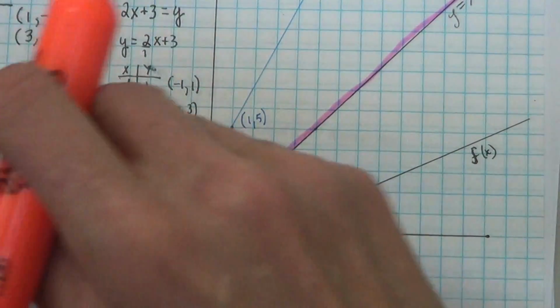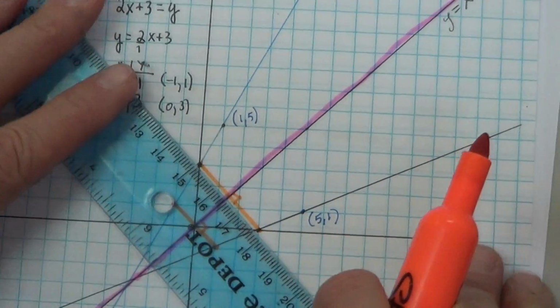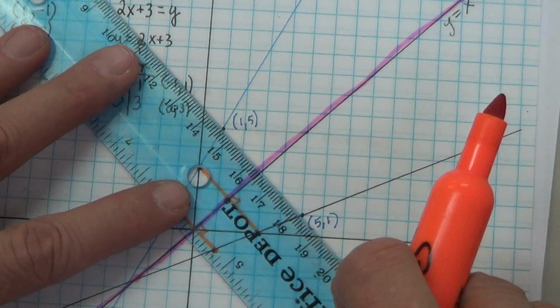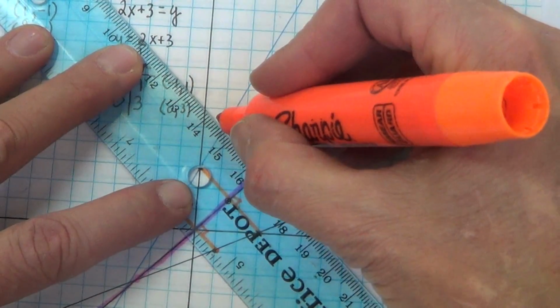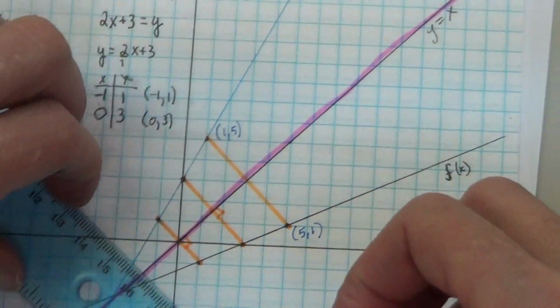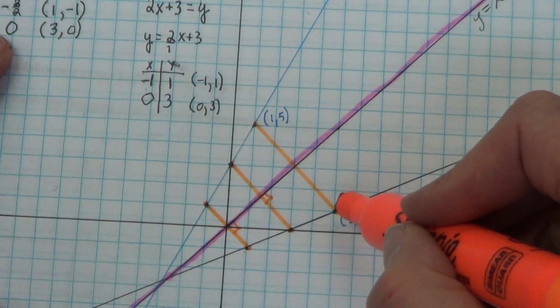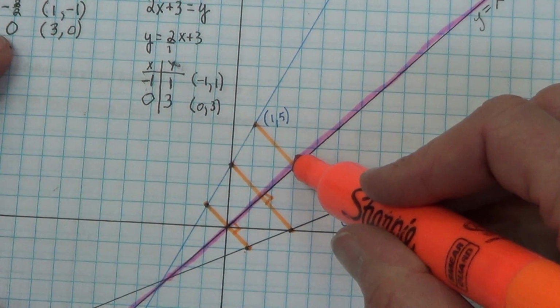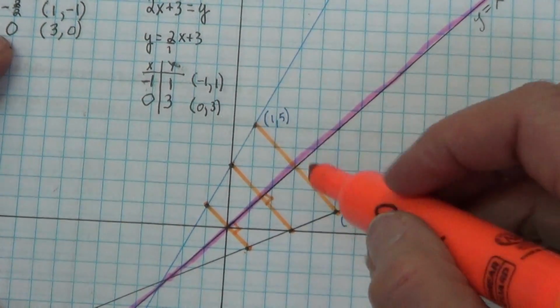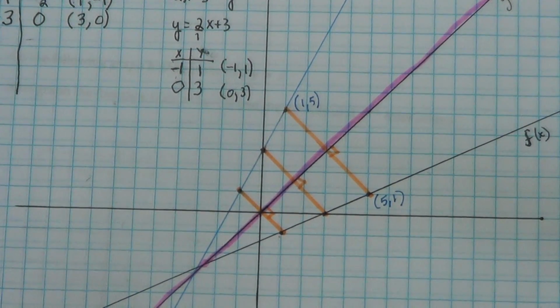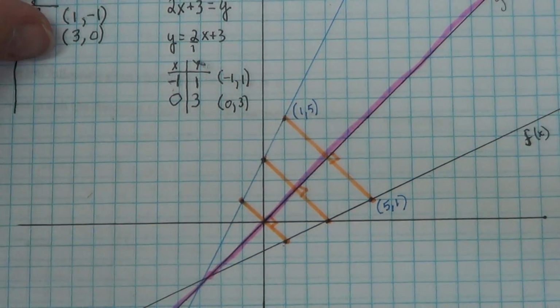Now let's draw the perpendicular and make sure that they graphically are the same distance from the inverse and perpendicular to our y equals x. It certainly looks like they are. We'll count it. There's 1, 2 diagonals, 1, 2 diagonals, and it is perpendicular. So that's how inverses show up graphically. That just really allows you to see what we're doing here.